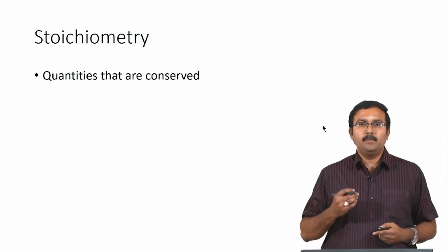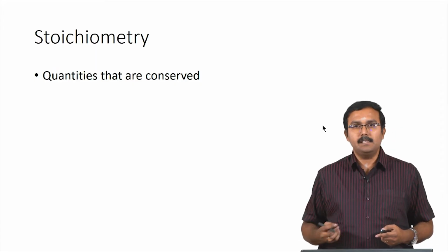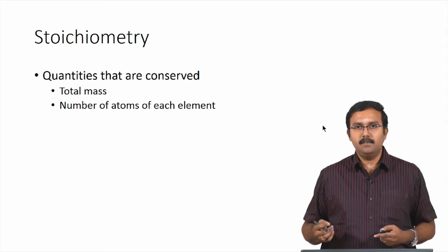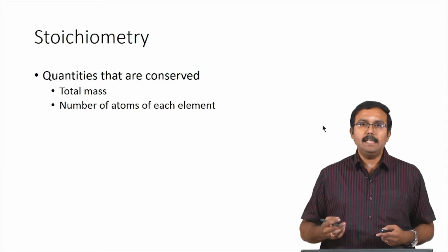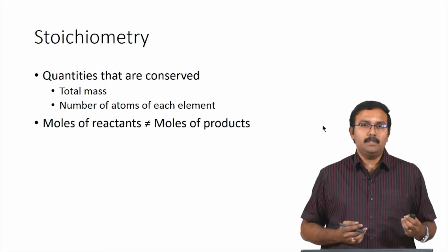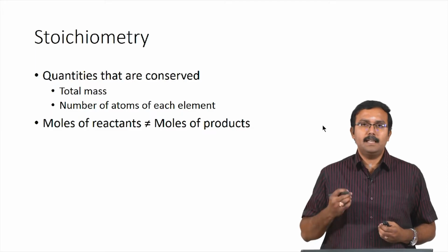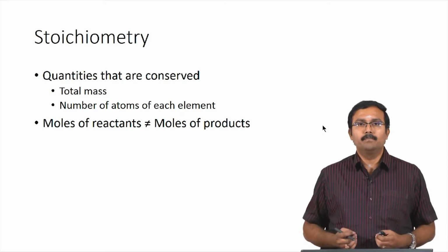What does this mean? We can identify which quantities are conserved. From this, we know that the total mass is conserved and the number of atoms of each of the elements are conserved. However, the moles of the reactants is not equal to the moles of the product. This is an important distinction which we should know.